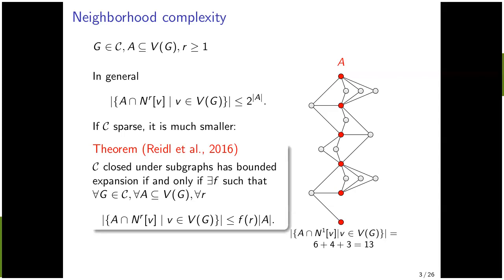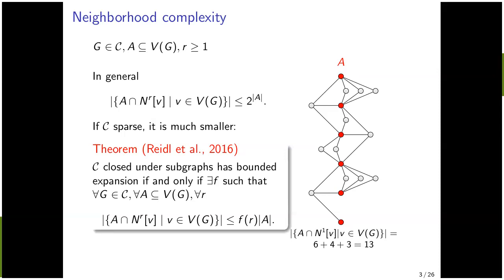But actually, if C is a class of sparse graphs, this is much smaller. We have this theorem, which says that in a class of bounded expansion, there exists a function f such that for every G in my class, for every subset A of vertices, for every radius r, this quantity, the number of intersections between A and balls of radius r, is at most f(r) times |A|.